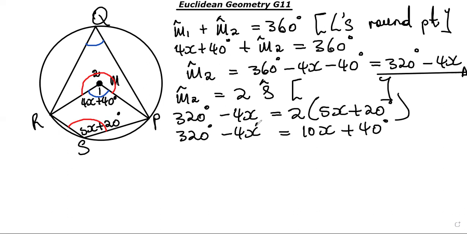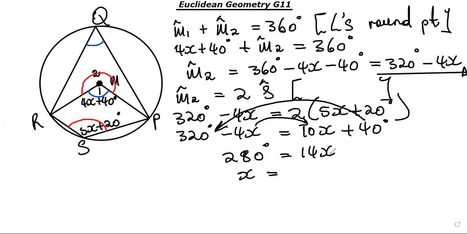And then you take the x's to the right-hand side and the numbers to the left. So on your right-hand side, you get 14x. And on your left-hand side, you get 280 degrees. 320 minus 40, it's 280. And then you say 280 divided by 14, you get 20. So the value of x, once again, will be 20 degrees.